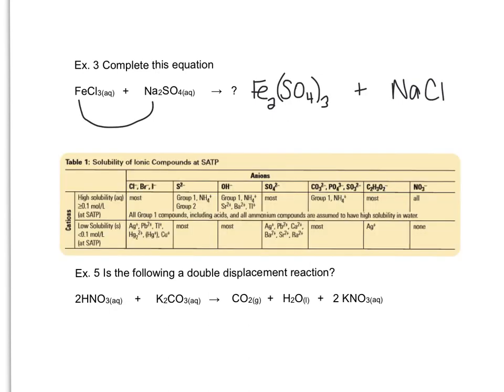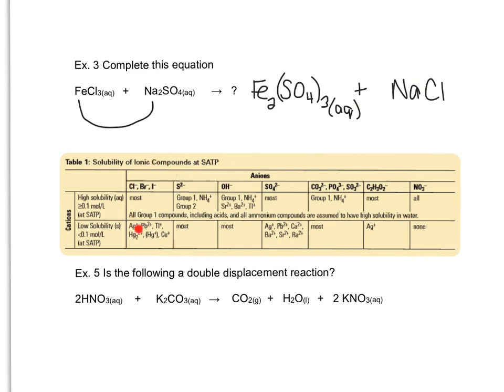Okay, so we've got our solubility table out. So we need to find iron 3 sulfate. So sulfate is here. Iron 3 plus is not on the bottom, so that must mean this compound is AQ. And sodium chloride.